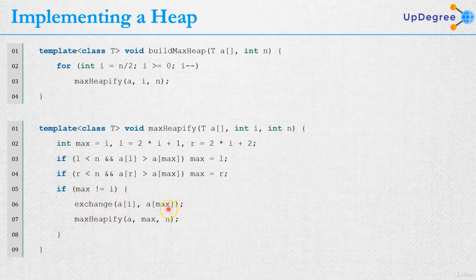And finally, in the subtree in which this exchange happened, we have to recursively apply the same process. So we are recursively calling max heapify on array A starting from index max, because max is the index in which the exchange happened, and of course it contains n elements. So this is the max heapify code. So using this we can build a heap given an array.